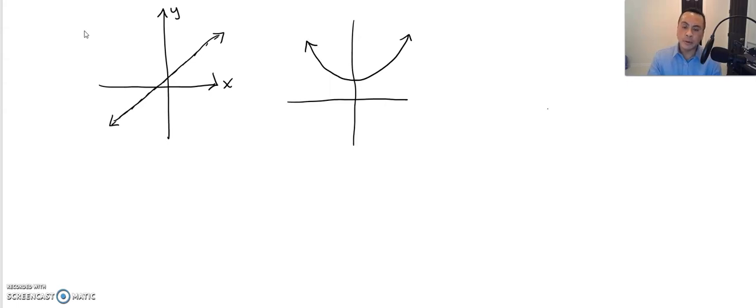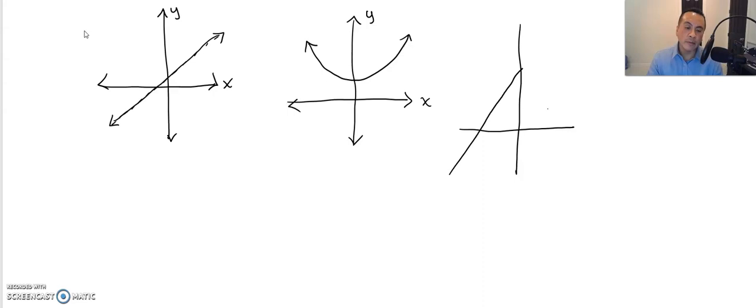This would be what we call a quadratic equation, a quadratic function. Here are my graphs. We're also in this class going to study different ones. Absolute value. Let's go with a cubic. Well, let's go with absolute value, and let's go one like this. We're going to study all of these functions.